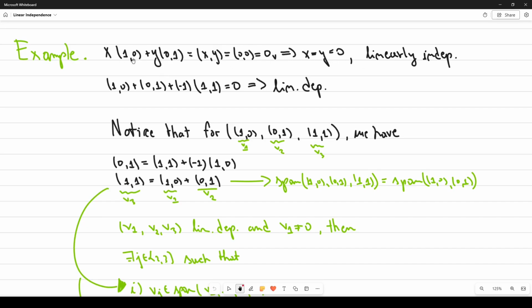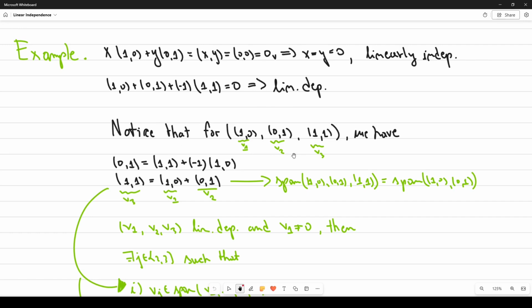So these vectors are linearly independent. Whilst in this example, where we have the vectors (1, 0), (0, 1), and (1, 1), we can make a linear combination where not all the scalars are 0, but we still get the 0 vector. That means that these three vectors are linearly dependent.